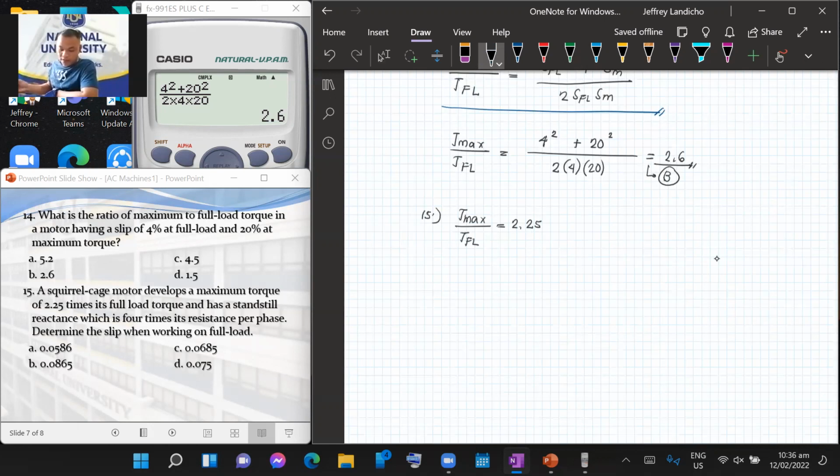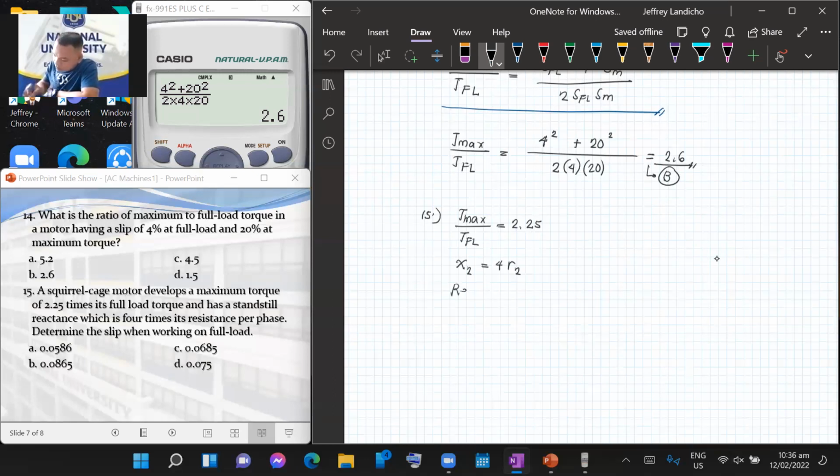Its full load and standstill reactance. Sino yung standstill reactance? Binigyan natin, that is what? XL2, which is, based sa problem, 4 times its resistance per phase. So that's 4 R2. Determine the slip when working at full load.